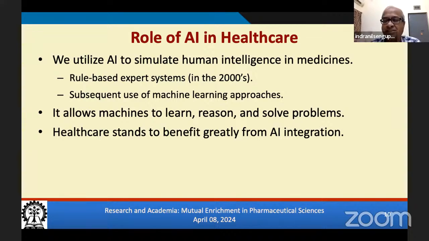Like, I'm giving one example. Back in the 2000s, there was something called expert systems which became very common. The idea was, let's take the same example of a doctor. The doctor has a database which he or she has acquired over a long period, over many, many years, by treating so many different kinds of patients.